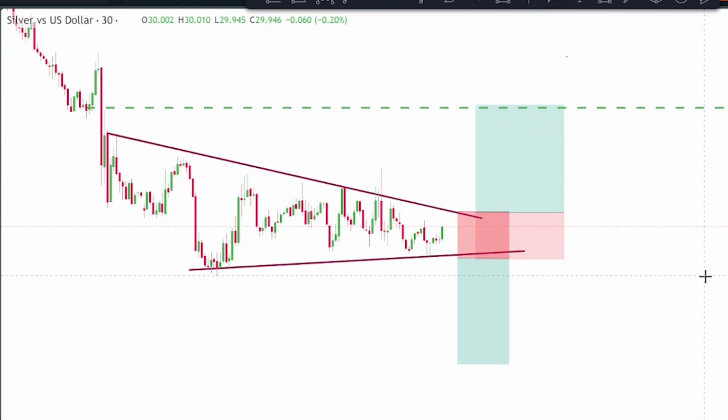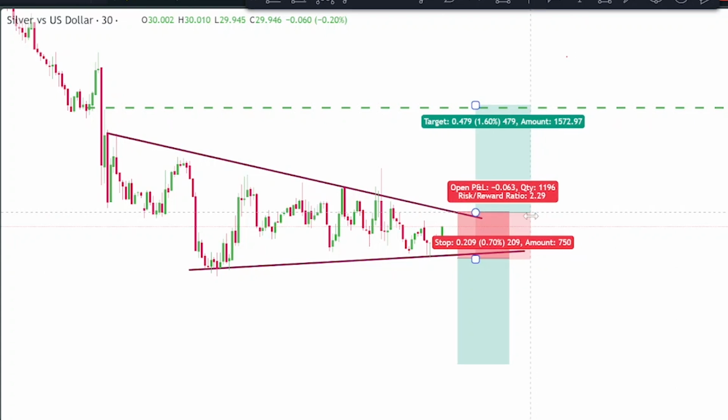If the buy stop is activated before the sell stop, we will cancel the sell stop. And even when the sell stop gets activated before the buy stop, we are going to be canceling the buy stop. So that is the way of avoiding the losses.